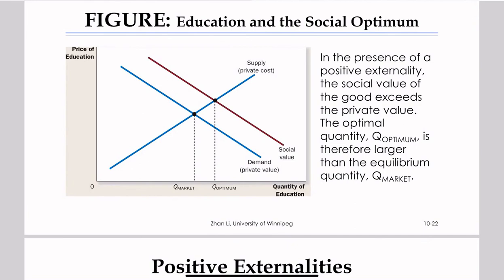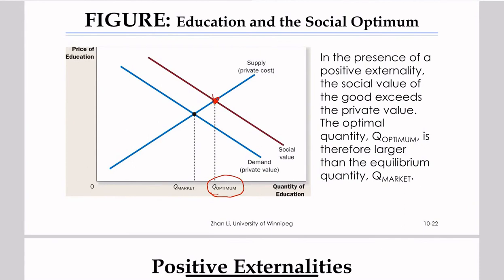Now, what's the implication of these different curves on equilibrium quantity? Well, you can see very clearly from this picture. What you see here is the socially optimal quantity, which is determined by the intersection of the supply curve and the social value demand curve.